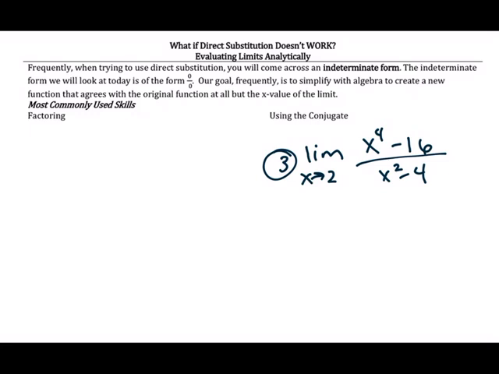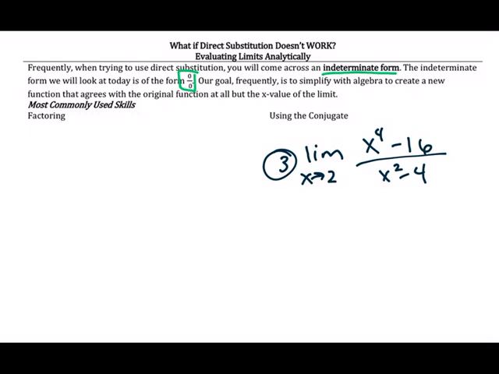In this case, the issue is that when we try to use direct substitution, we get 0 over 0. And that actually has a name. It's called indeterminate form. An indeterminate form can also be infinity over infinity or negative infinity over negative infinity. But for right now, we are going to look at indeterminate form when we get 0 over 0.